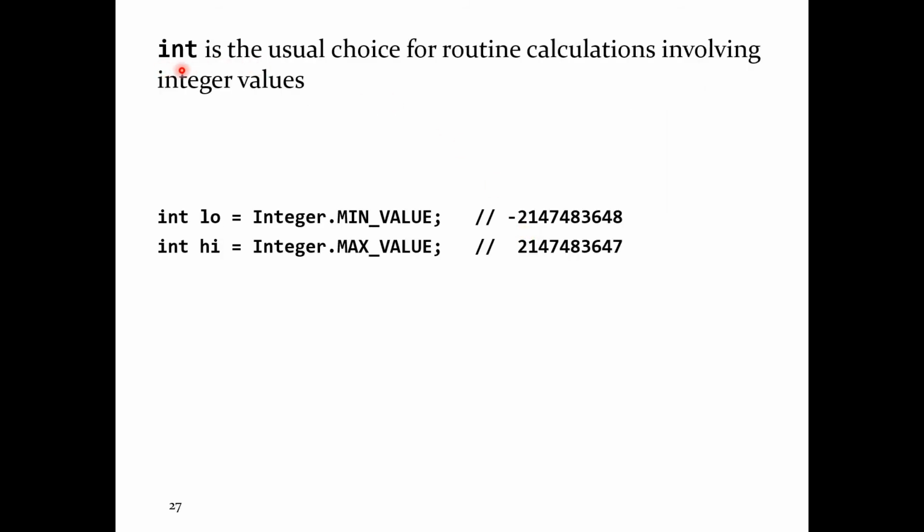That means if you use a primitive type like int, there's going to be a maximum and a minimum value that you can represent because you can only represent a finite range. So the most negative value that you can represent using a Java int is stored as the constant Integer.MIN_VALUE.